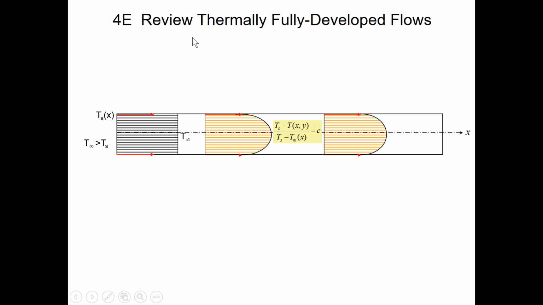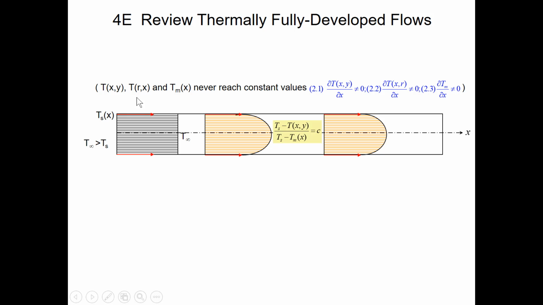E. Now, let's review thermally fully developed flows. Unlike velocity, the flow temperature and mean flow temperature never reach constant values along the flow direction, which is mathematically represented in equation 2.